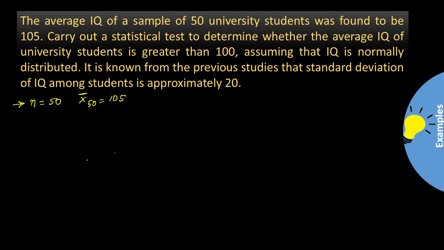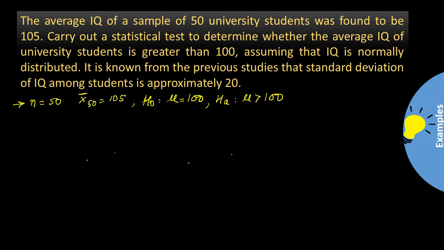Carry out a statistical test to determine whether the average IQ of university students is greater than 100. According to the question, the null hypothesis, H naught, is mu of the population equals 100, because this is the accepted fact, and the researcher's claim, the alternate hypothesis, is mu greater than 100.